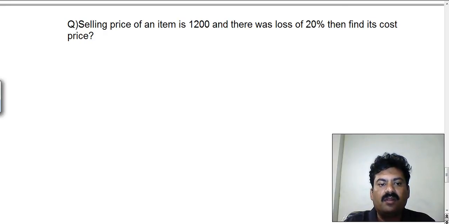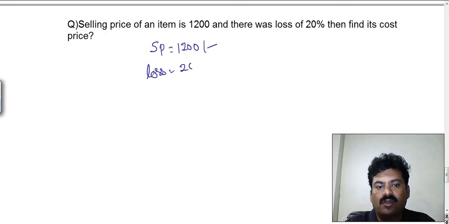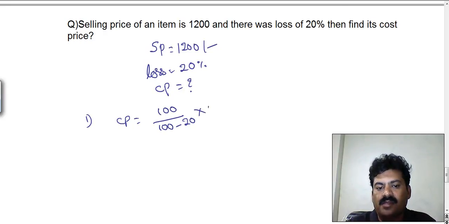Okay, in this example, the selling price has been given as SP is 1200 and there is a loss of 20%, and we need to find out cost price. The cost price is how much? I am using a formula. Cost price is equal to 100 by, there is a loss of 20%, that is 100 minus 20, into selling price is 1200.